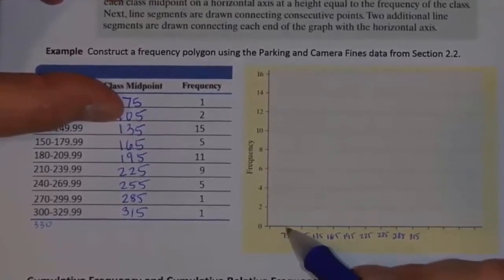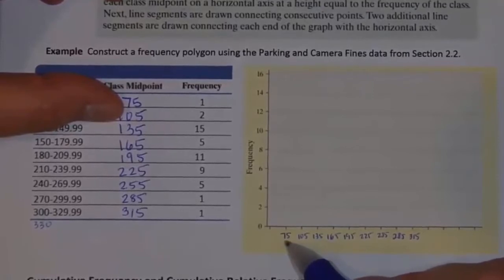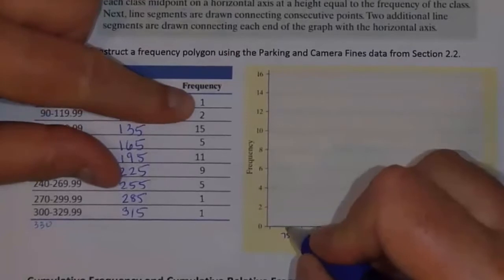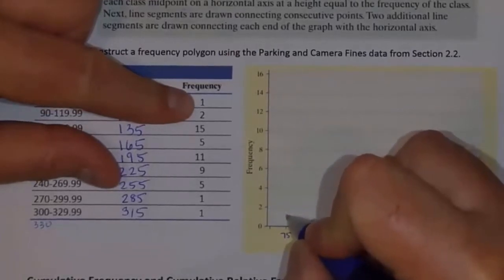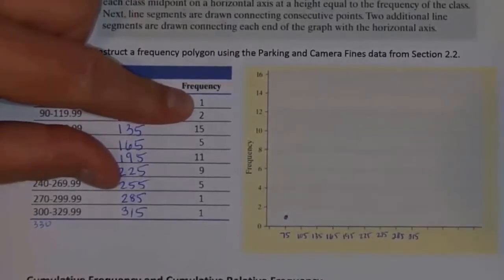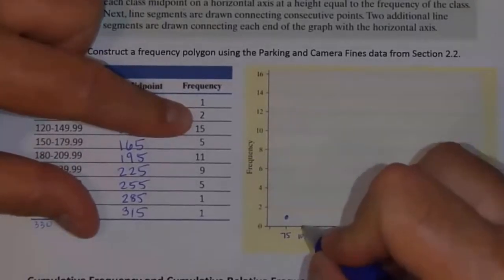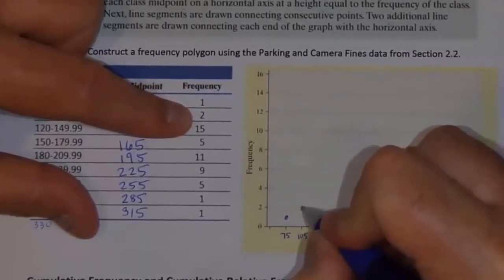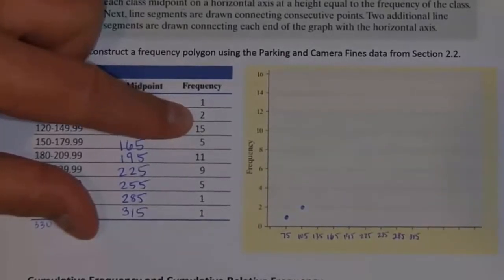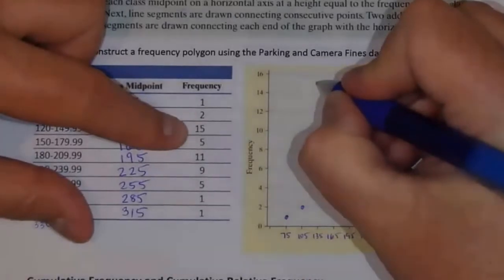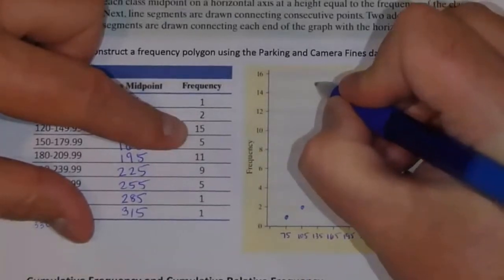Now, above the tick marks for each of those midpoints, I'm going to go to a height of the frequency. So for 75, the frequency is 1, so I'm going to put a dot right there. For 105, the frequency is 2, so I'm going to put a dot at 2 above it. For 135, the frequency is 15, so I'm going up to 15 above that.